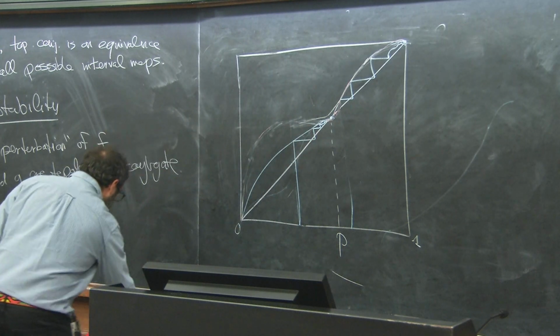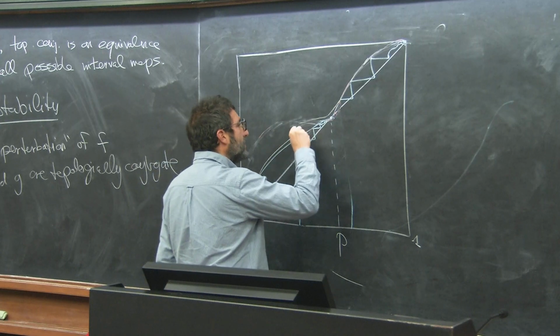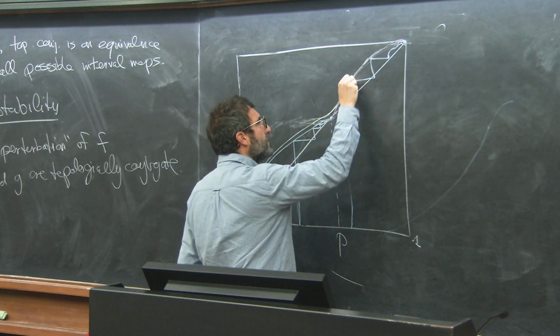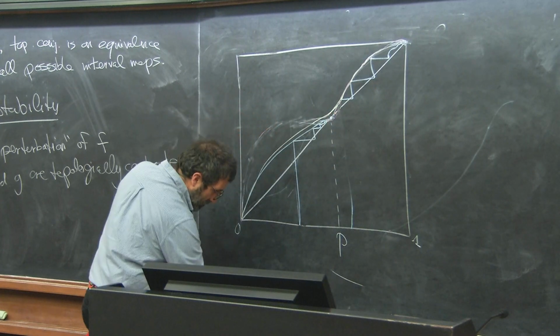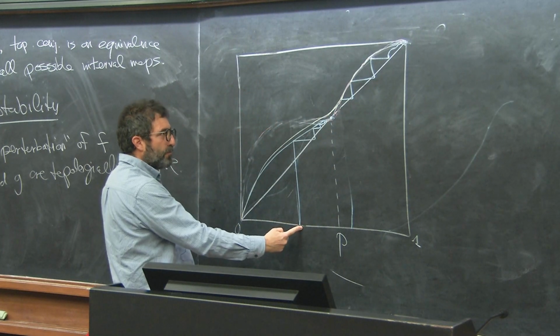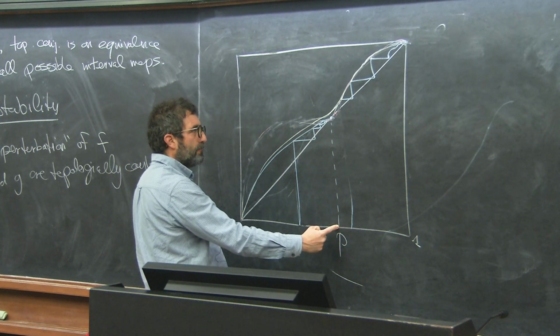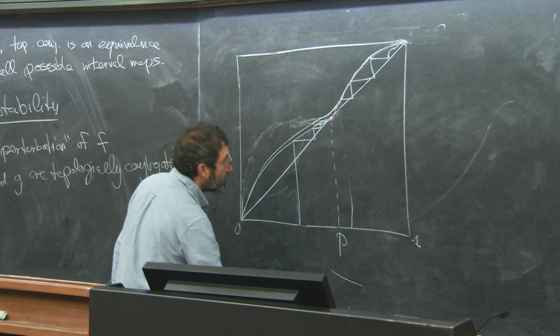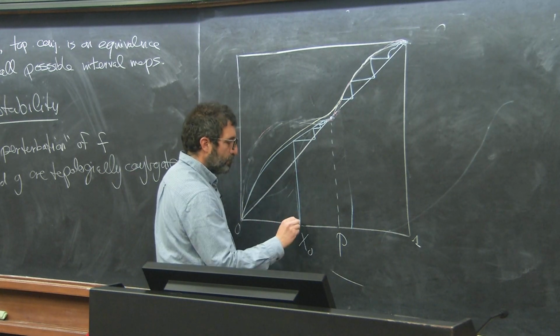Now, if we change it a little bit and we get rid of the fixed point, then what's going to happen to this point here that for the original map was converging to P? What's going to happen to this x0 here?